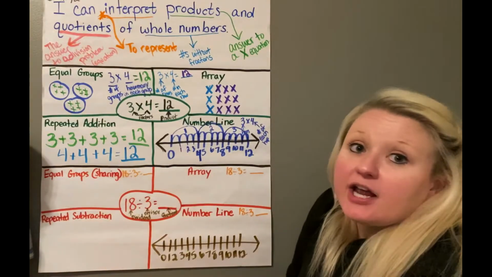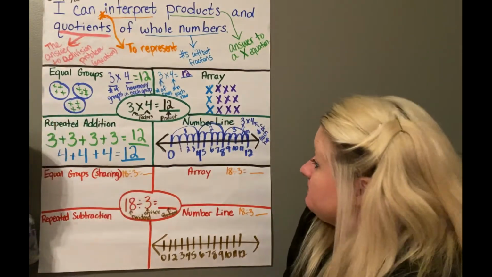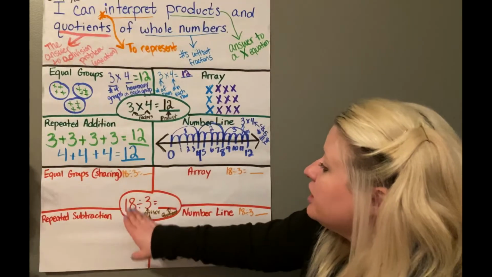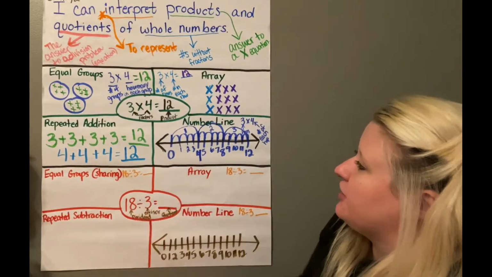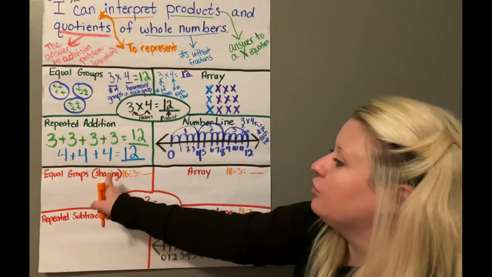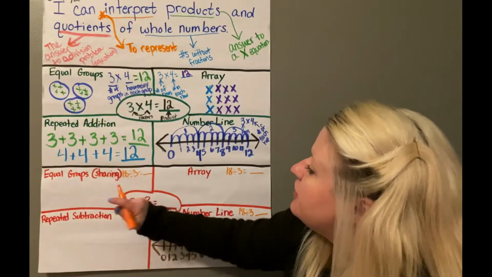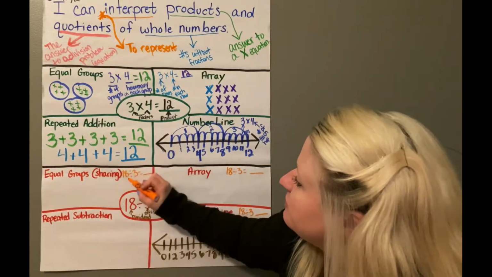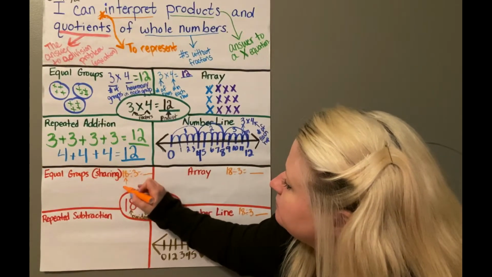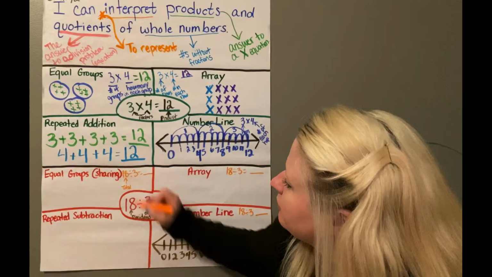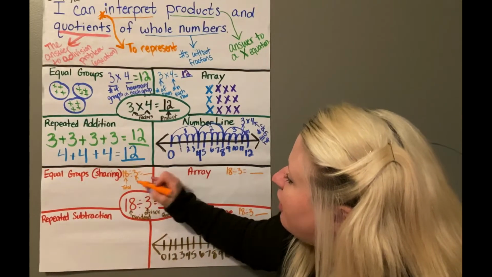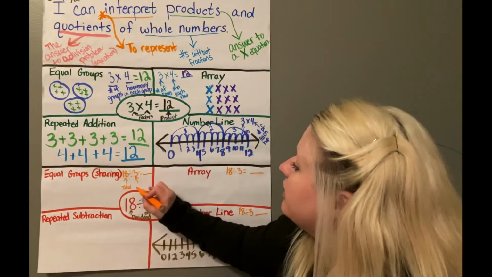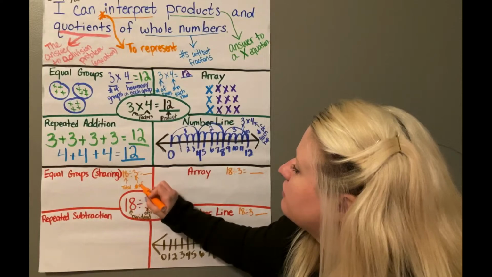We're going to do the same strategies, but with division. So we're going to use the same equation, 18 divided by 3, for all of these strategies, equal groups or equal sharing. Then we know that our 18 here, which is our dividend, is going to be the total. Okay? And then we know that our divisor here is our number of groups.